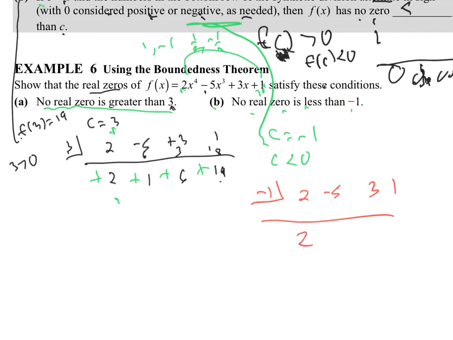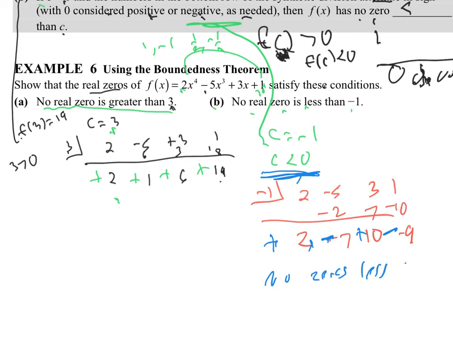So 2, negative 7, 10, negative 10, negative 9. Look what happened. Positive, negative, positive, negative. It alternated, and c is not greater than 0. Therefore, there are no zeros less than what? c equals negative 1.